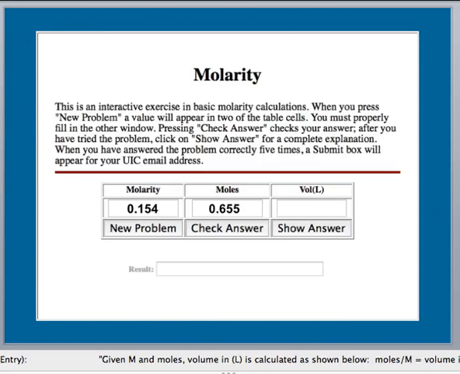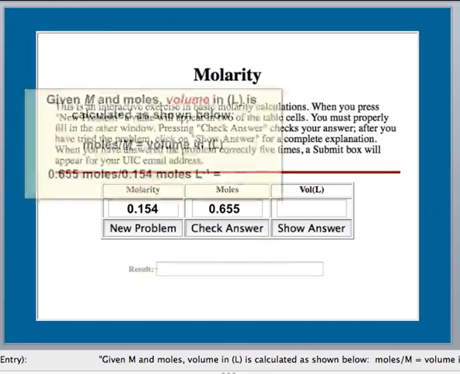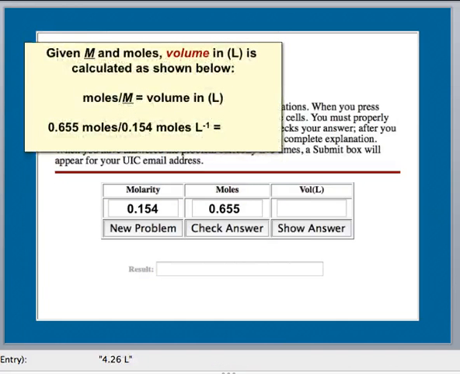Just remember one of them, and then all you do is just simply solve. Here, in order to get volume, what you want to do is take the number of moles and divide it by the concentration. So why don't you quickly do that? Here's our number, 0.655 divided by 0.154, 4.26 liters.